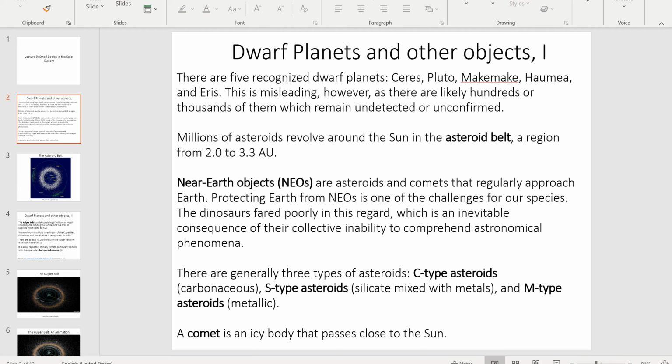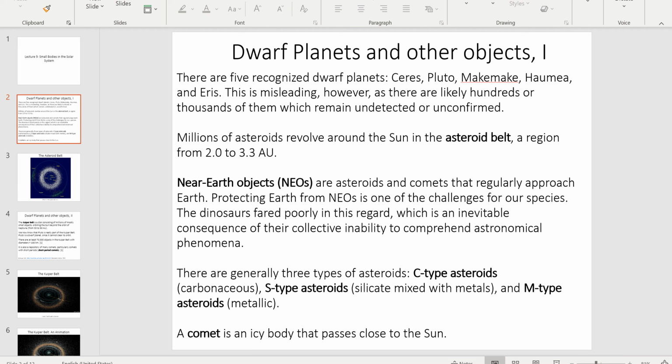One of the aspects of this lecture, which is a little bit tricky, is to understand the difference between a dwarf planet and a regular planet. This was actually covered in the lecture that I was just referencing, but before I continue, I just want to make it clear what a dwarf planet really is.